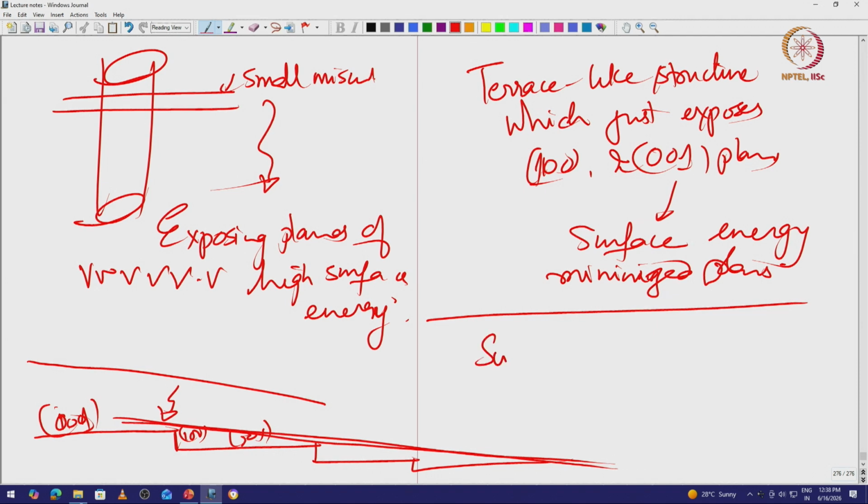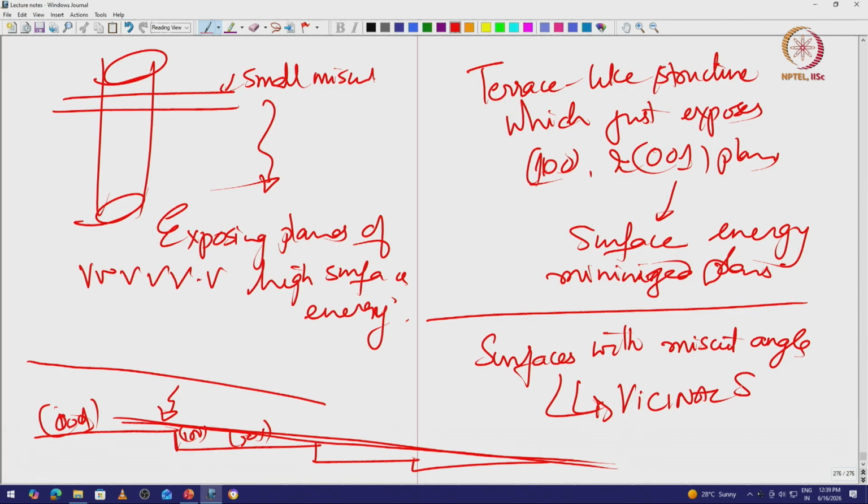Surfaces with miscut angle are what are called vicinal surfaces, as against singular surfaces which do not have any miscut angle, but that is just an idealization that does not exist. Even a small degree of miscut leads to vicinal surfaces, and vicinal surfaces have what are called terraces, and these terraces are formed so as to minimize the total surface energy.